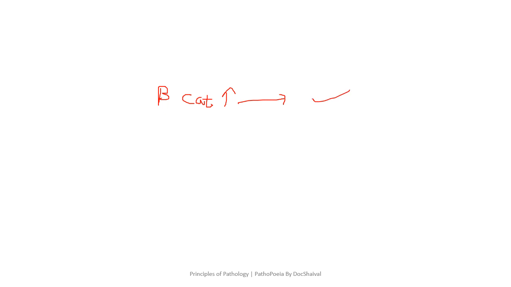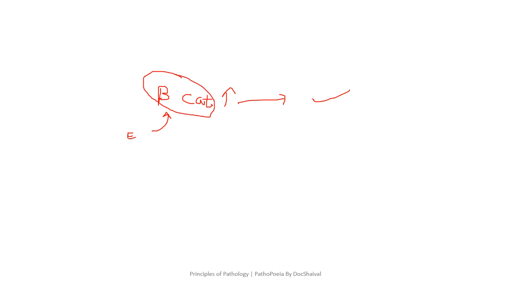But now who regulates the beta-catenin? Okay, so we have three things to be kept in mind. One is obviously the E-cadherin. E-cadherin is a normal protein that, when the cells are in close contact, causes inhibition of the transcription by holding the beta-catenin.